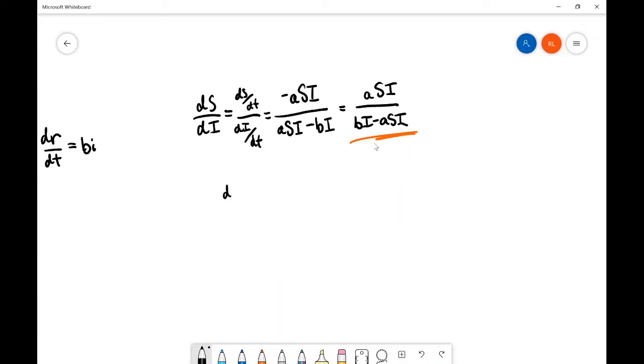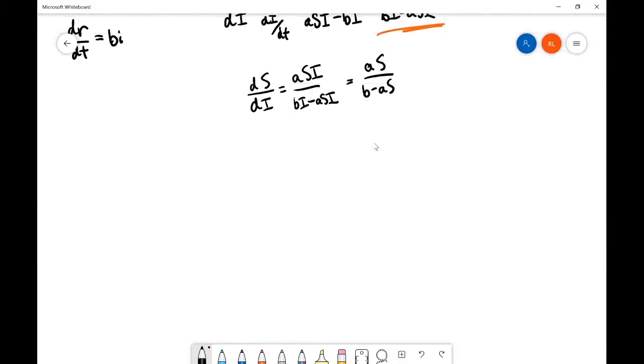We have dS/dI is equal to aSI over bI minus aSI. And notice that the I's all cancel out, so we get aS over b minus aS. Okay, so this is actually a separable differential equation. Move all the S's onto one side and all the I's onto one side.